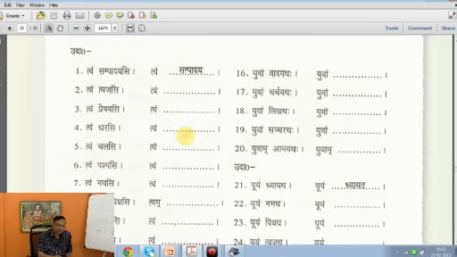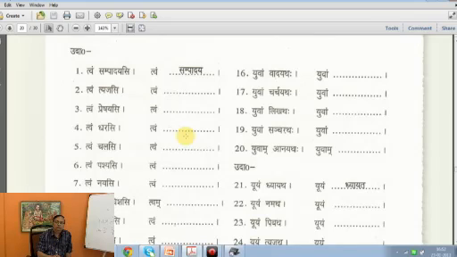Yuvam charchayataha, you both are discussing. Yuvam charchayatam, you both discuss. Yuvam likhataha, you both are writing. Yuvam likhatam, you both write. Yuvam sancharataha, you both are wandering. Yuvam sancharatam, you both wander.